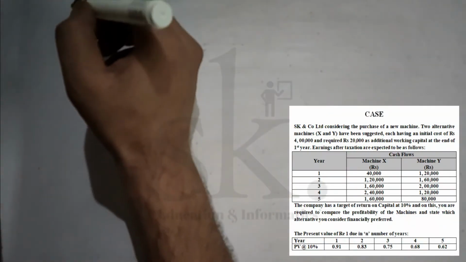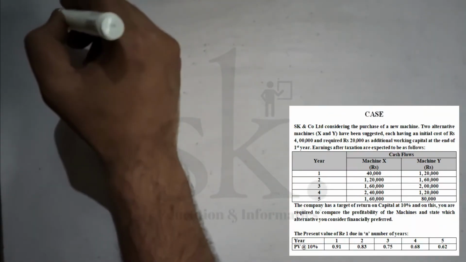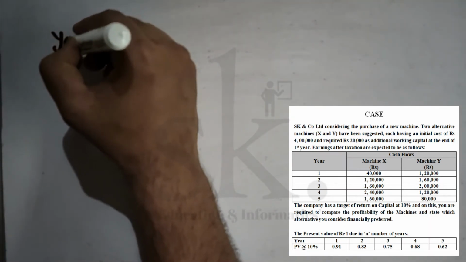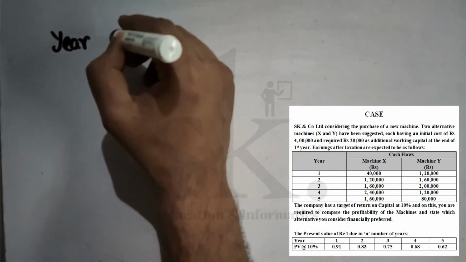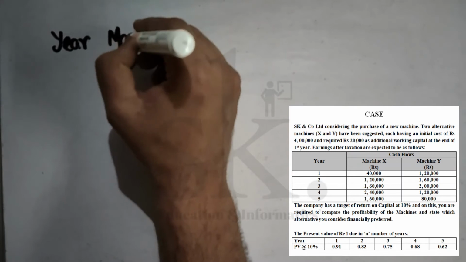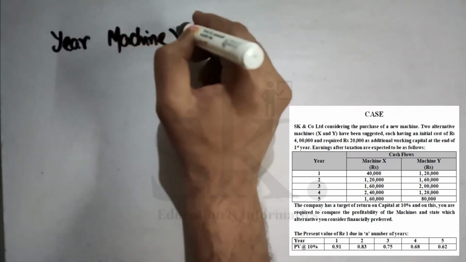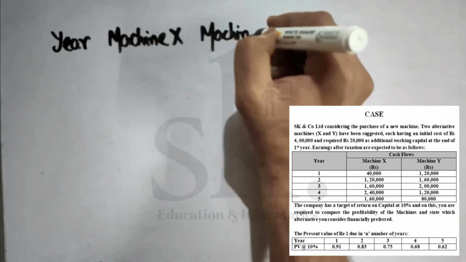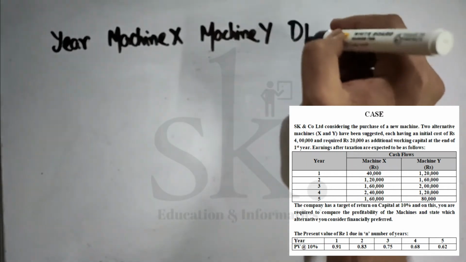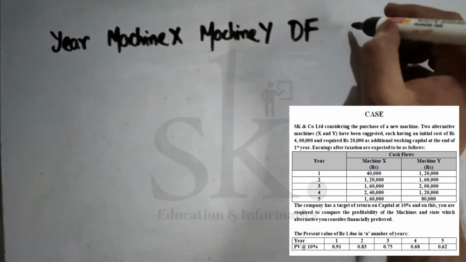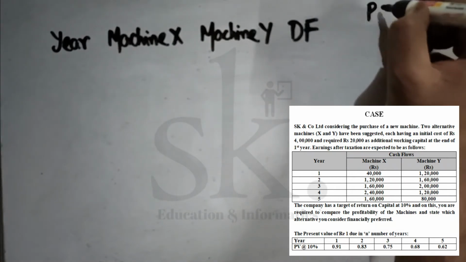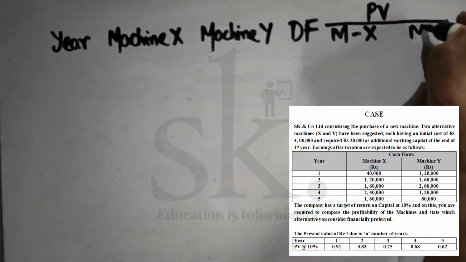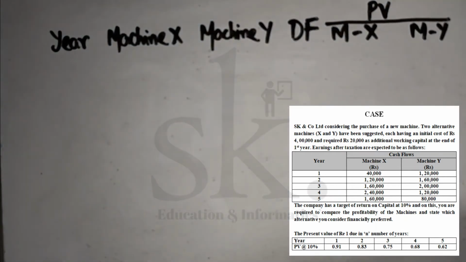In order to calculate it, we require information like the year, the inflow for machine X, and the inflow for machine Y. The discounting factor has already been given, and after that we need to calculate the PV, the PV of machine X and the PV of machine Y. So these are the columns we need to make.